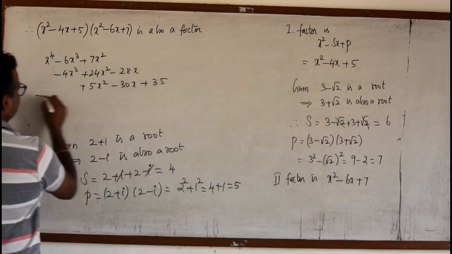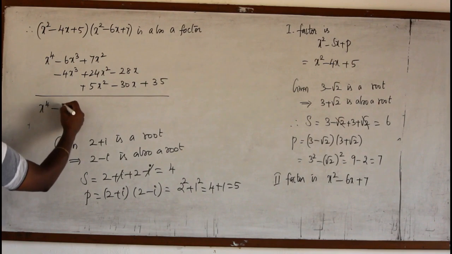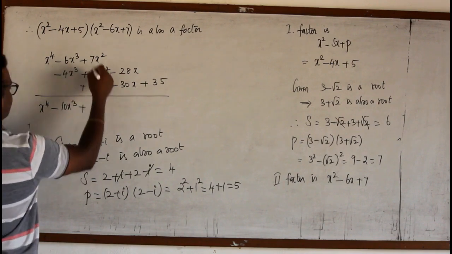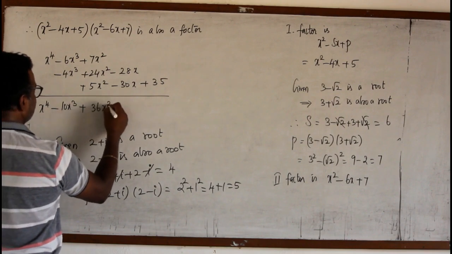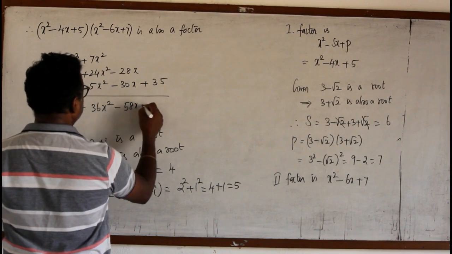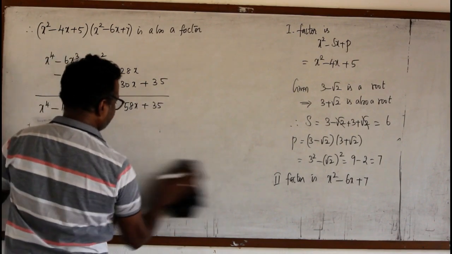When we add, we put a line: x power 4 minus 10x cube plus 36x square minus 58x plus 35. Now this is a factor.